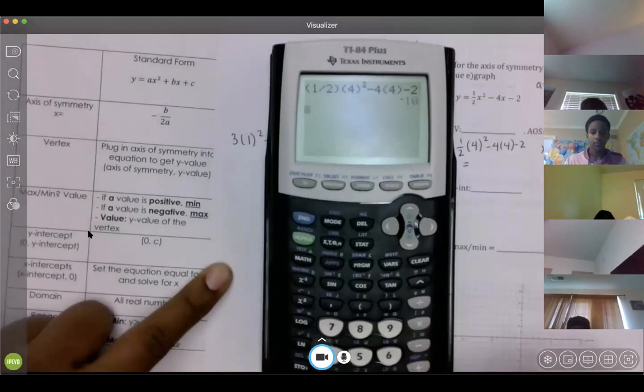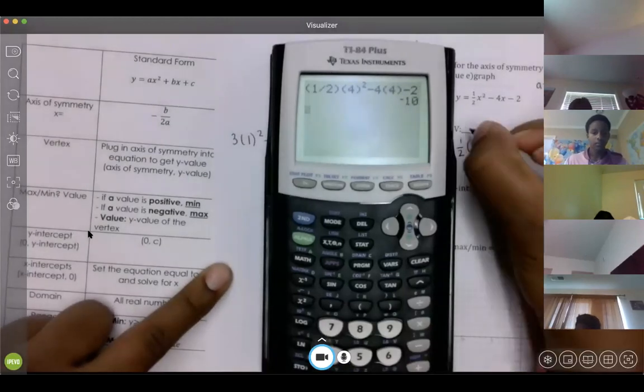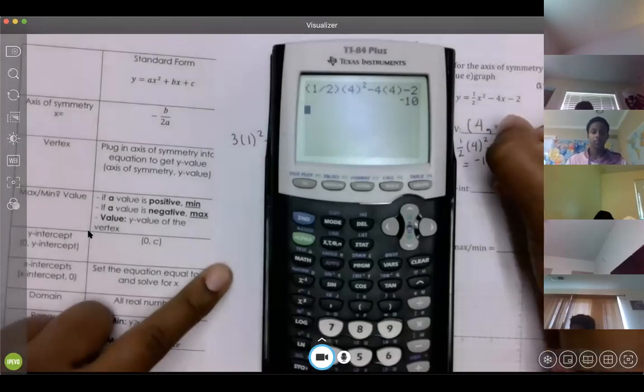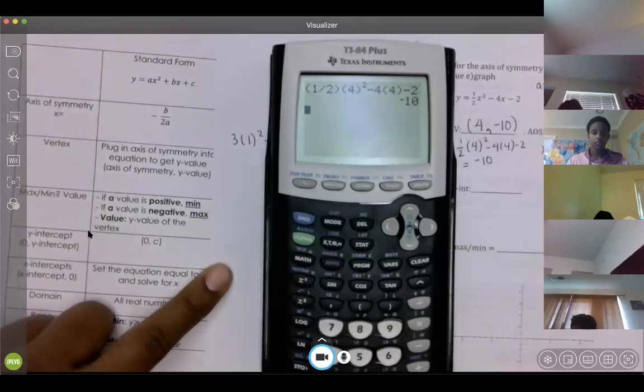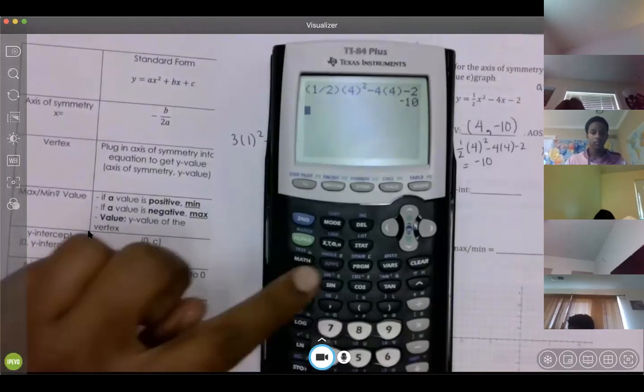And that's going to give us -10. So your point is the axis of symmetry as your x value, so 4, and then whatever you got when you plugged it in is your y value. So it's 4, -10. Any questions about how to find the vertex?